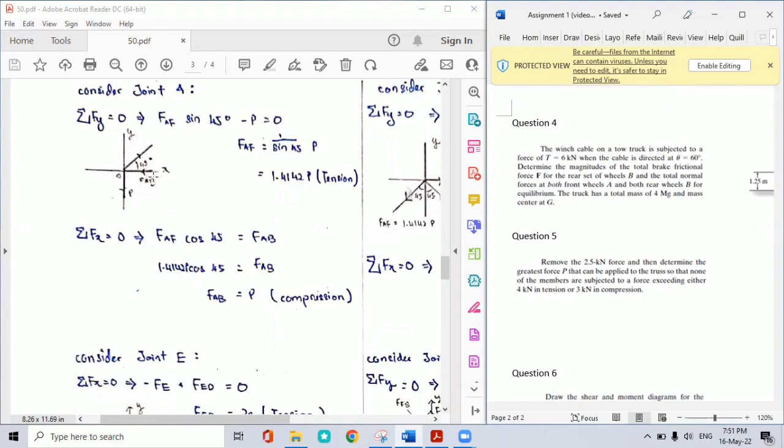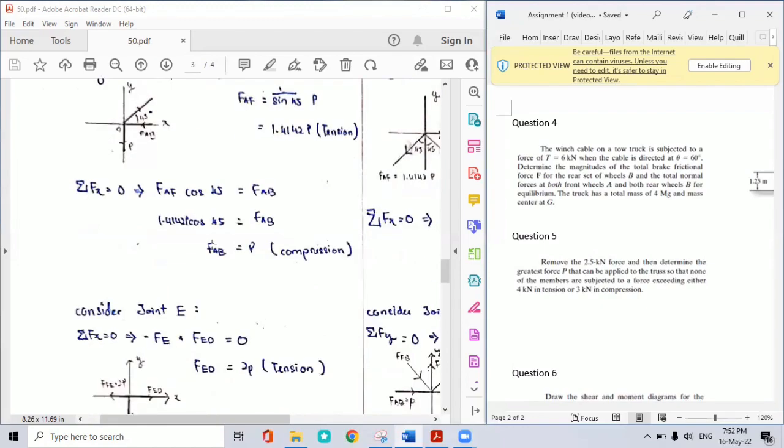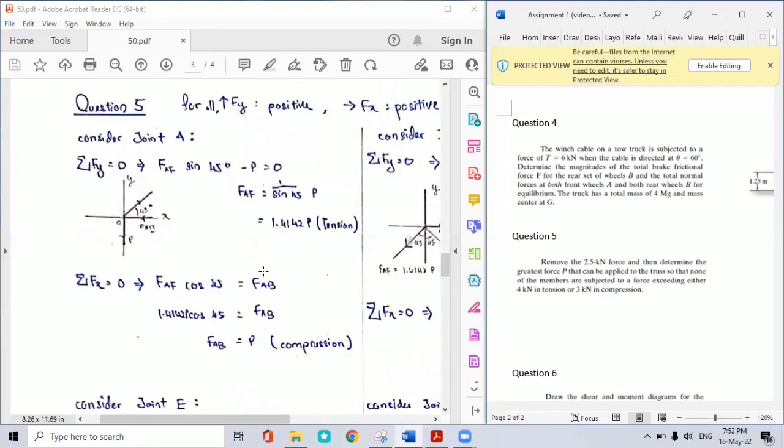And then we have FAF cos 45 equal to the force of AB. 1.4142 times cos 45 is equal to force AB, and force AB is equal to P. Why?